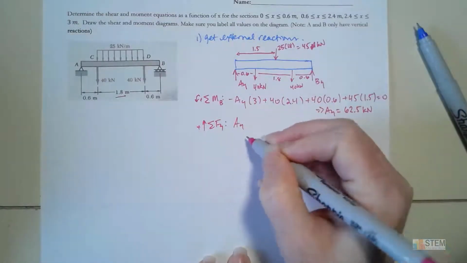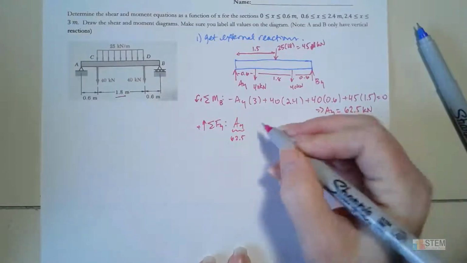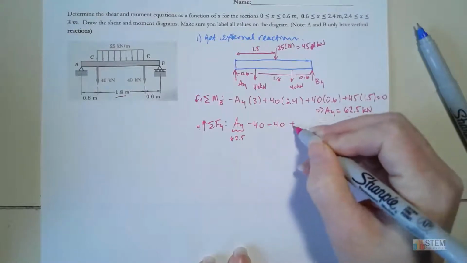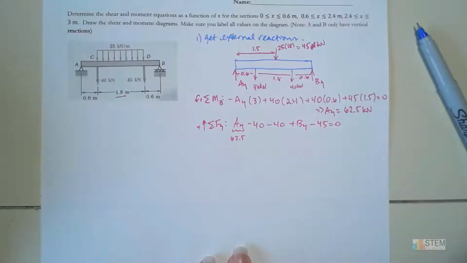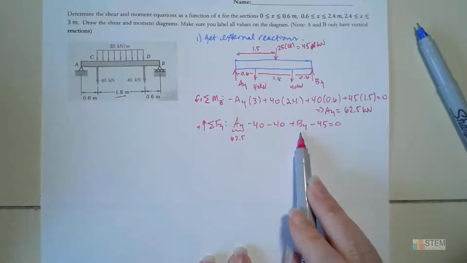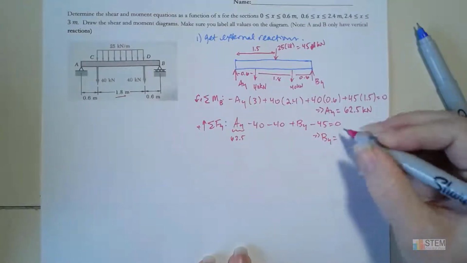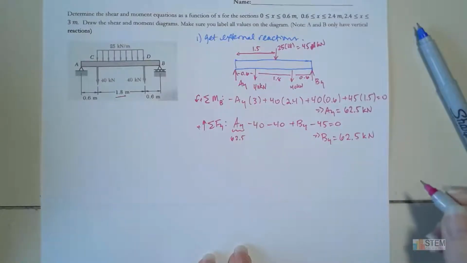We're going to have AY, which we already know is 62.5, minus 40, minus 40, plus BY, minus 45, set equal to 0. Our only unknown here is BY, so we can solve, and BY is just what we thought, 62.5 kilonewtons.